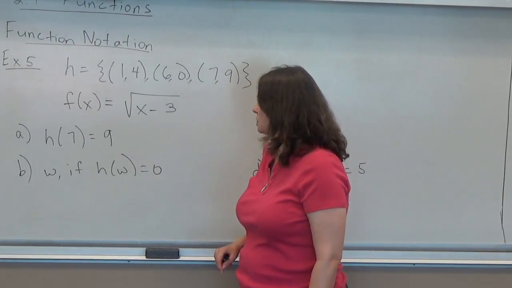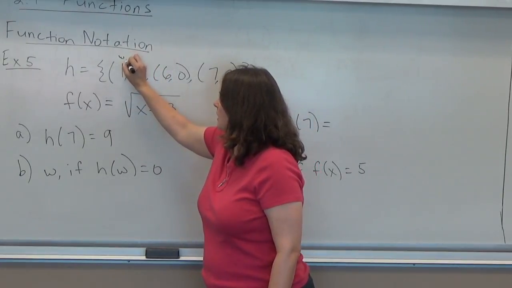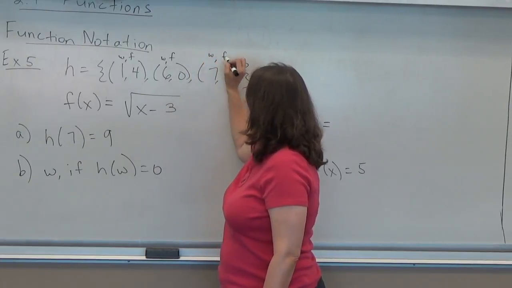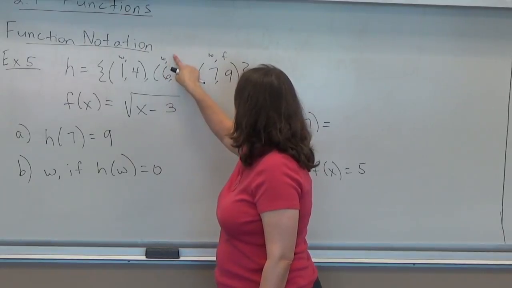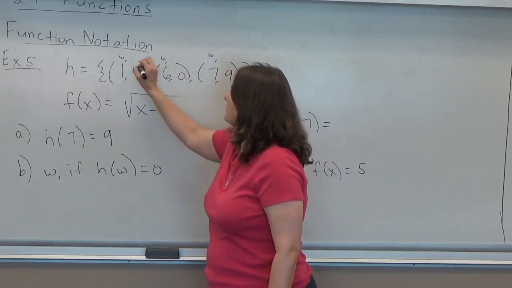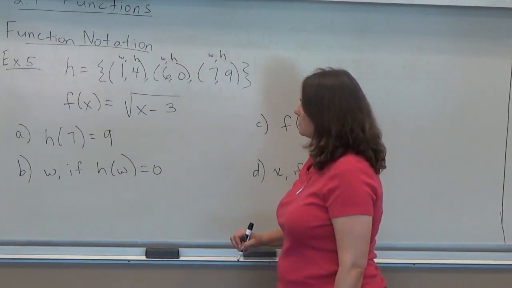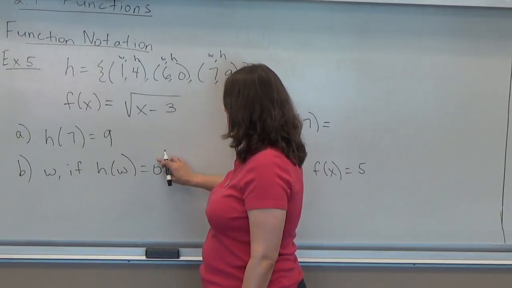So going to the h function, I've got these ordered pairs where we've got w comma h. The h is like the y value. So I'm asked to find w if h of w is equal to 0.